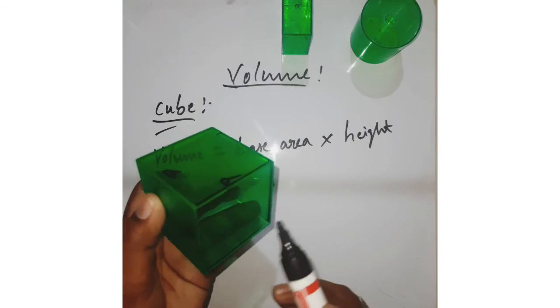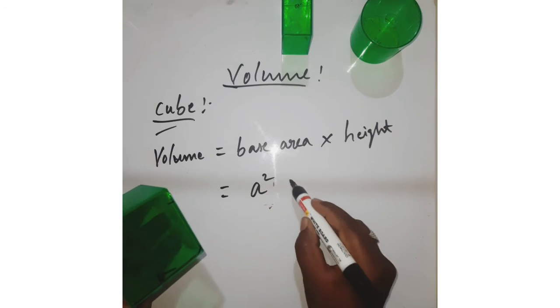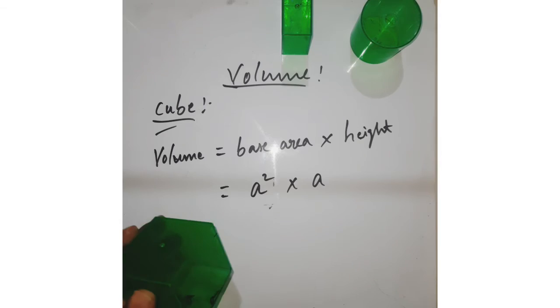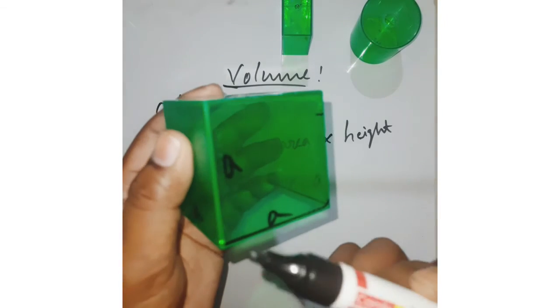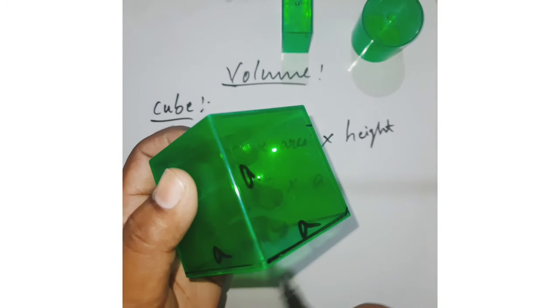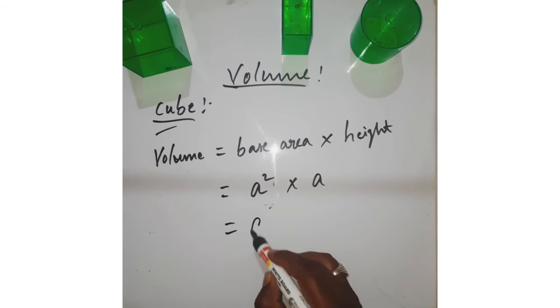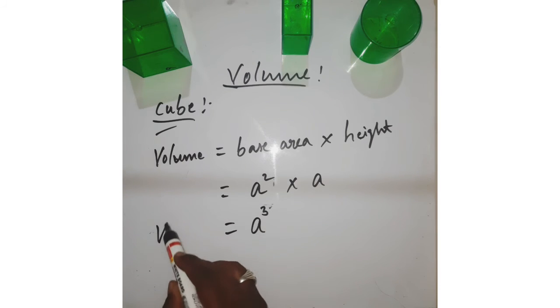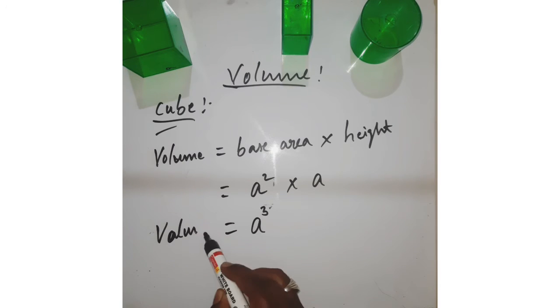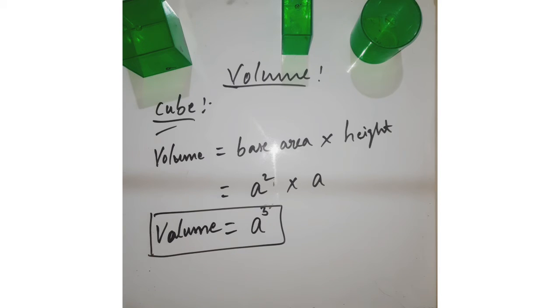The base is in a square shape, so the area of the square is side into side, that is a into a, a square, into the height, which is also a units. Length, breadth, a units, and height is also a units. So base area is a square, into height a. That gives us the formula for the volume of a cube: a cube. Clear? Very simple, right?